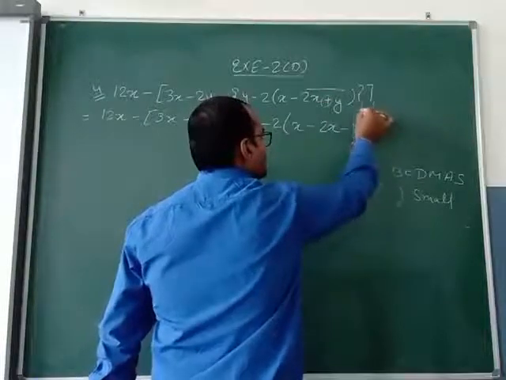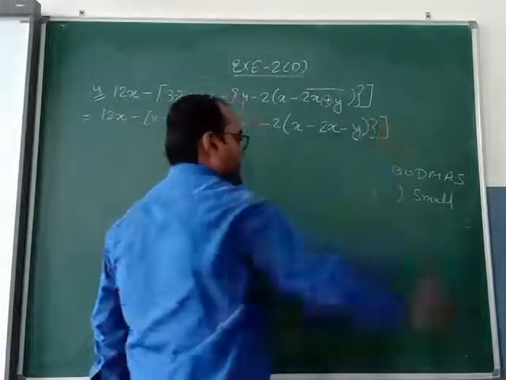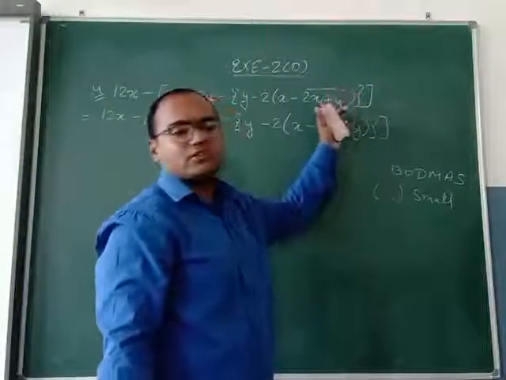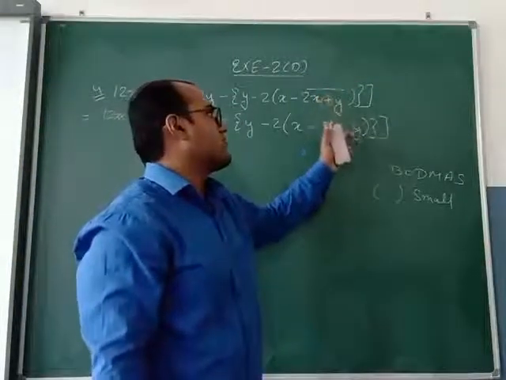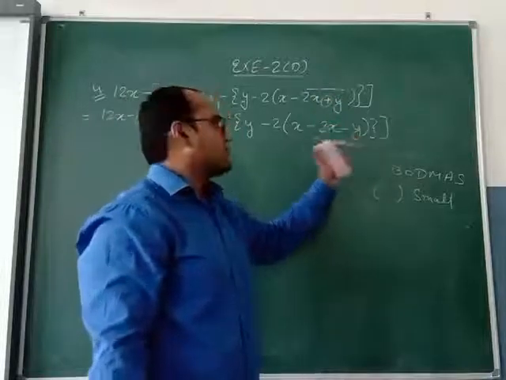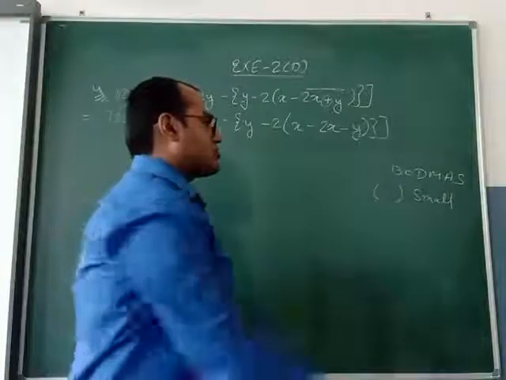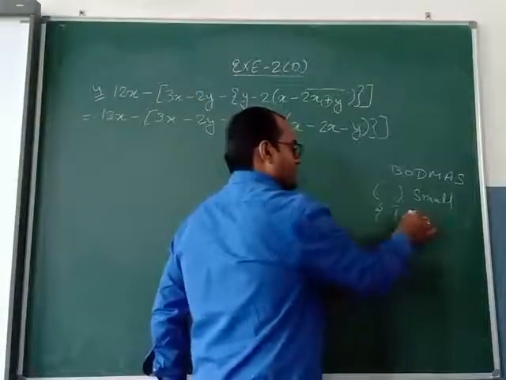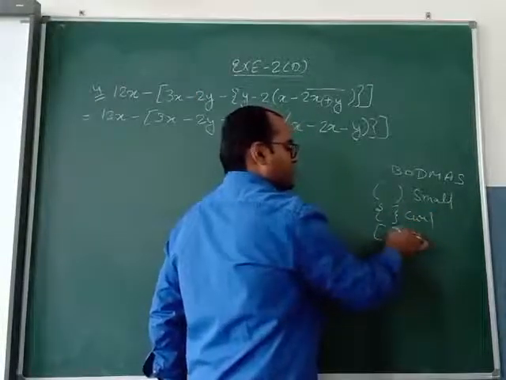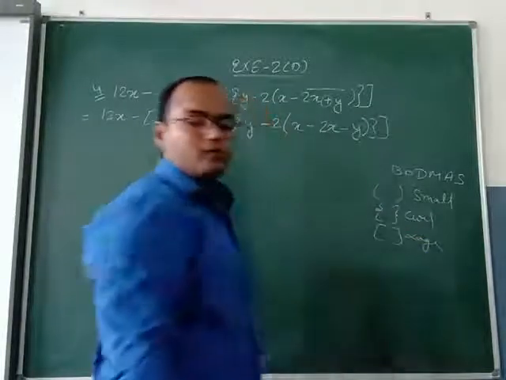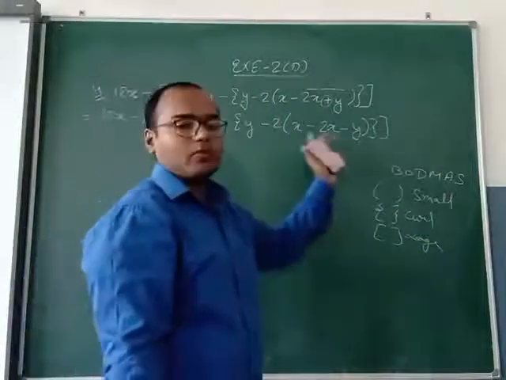So what we have done: in place of this bar we changed the sign of this plus to minus. Now we will solve the small bracket, then the curly bracket, and at last the large bracket. So first of all we will solve this small bracket.